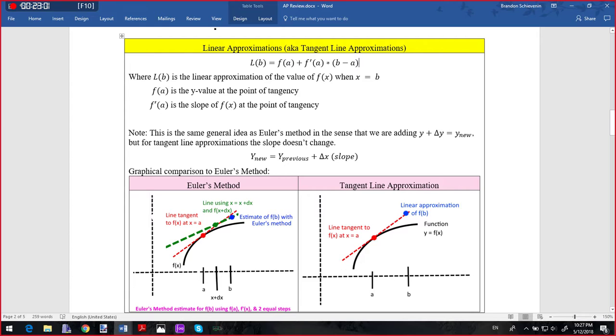Okay, so our function is our previous y value, which is going to be f of a, that's this point in red, plus my slope, which is f prime at a, which is the slope that I will use to build the tangent line, times my change in x, which is b minus a. So really this is this formula, only my slope is not changing like we did with Euler's method.